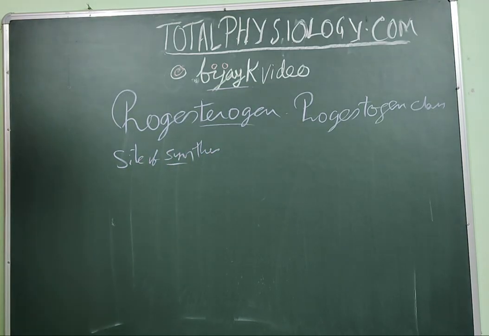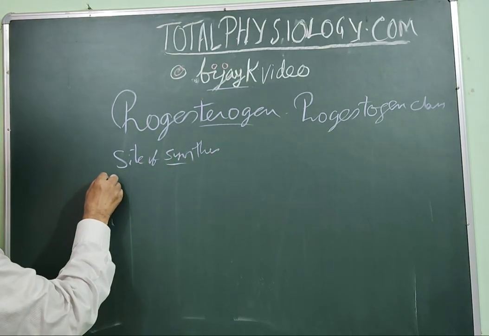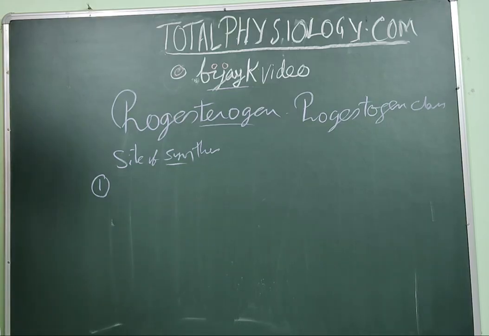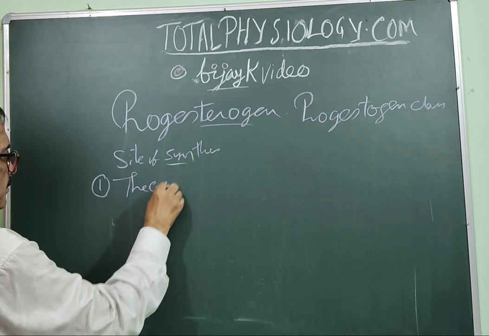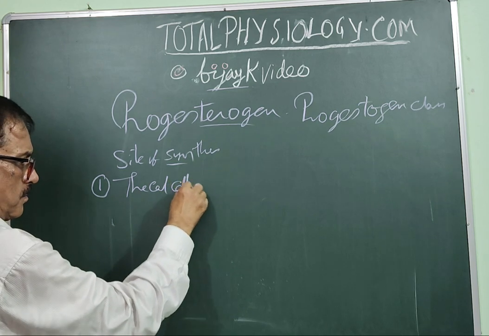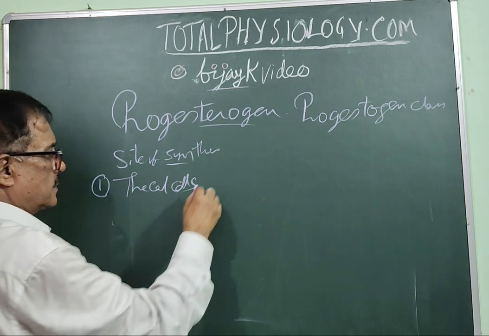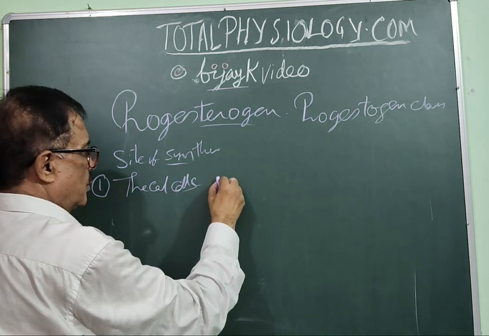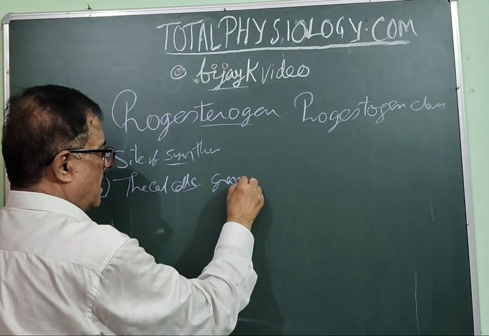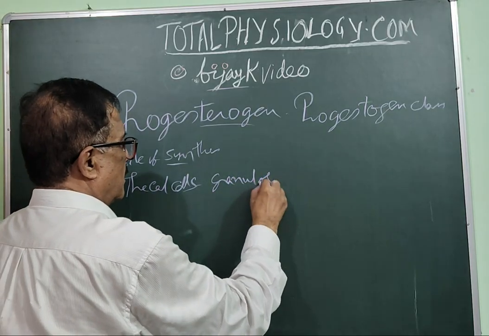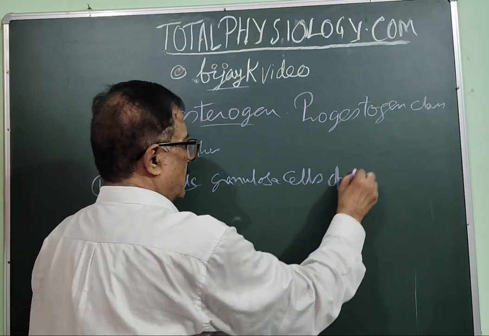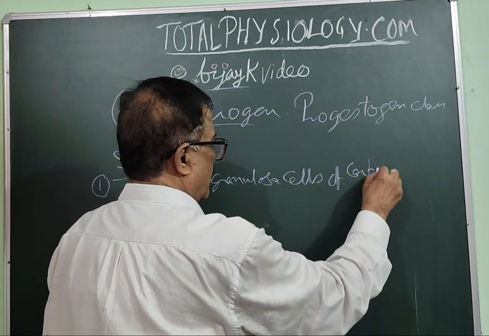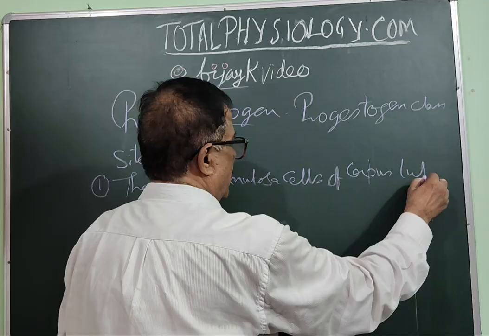It is secreted from, number one, thecal cells or granulosa cells of the corpus luteum.